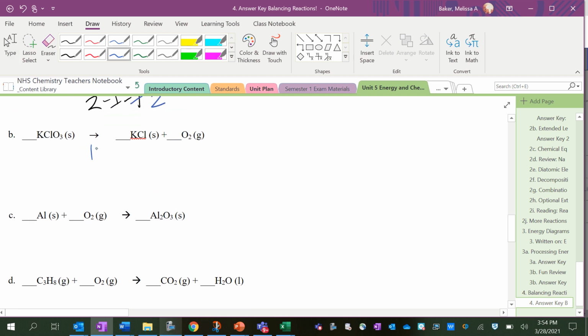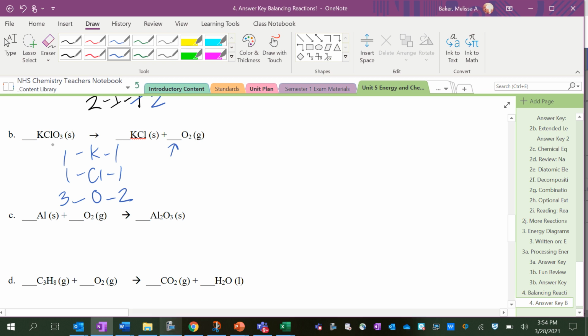Okay, next one, we've got K's, Cl's, and O to balance. We've got 1 K on each side, 1 Cl. So far, everything's looking balanced. Oh no, oxygens. Now there's a couple different techniques you could think about. You could use a decimal in front, 1.5, and then you could double everything.